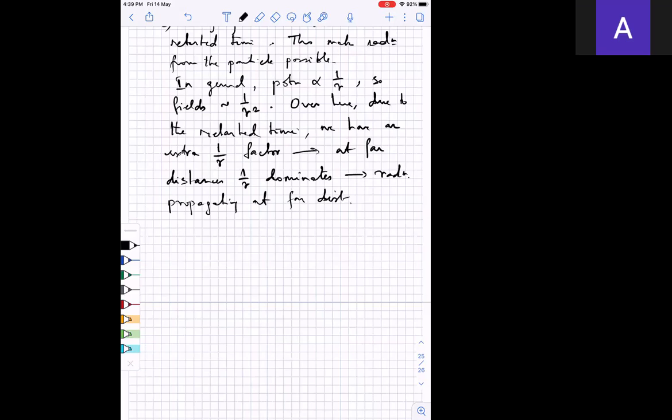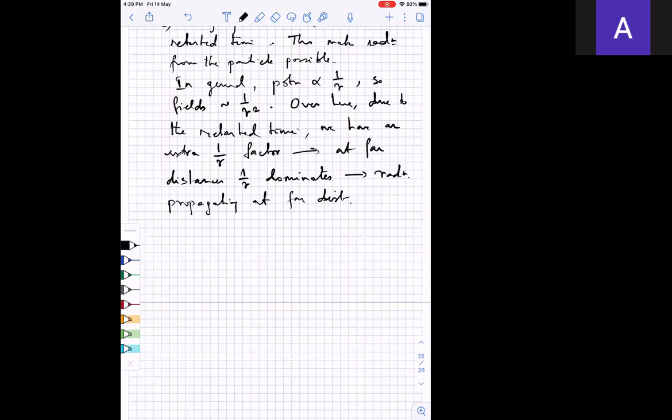So this is a very important point, that in general, your fields fall as 1 by r squared, but when you have radiation, the fields do not fall as 1 by r squared, they fall as 1 by r. And that's why you have radiation. That's why your effect can be felt at far away places.